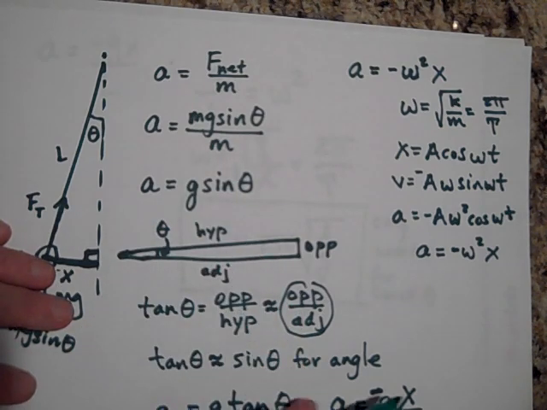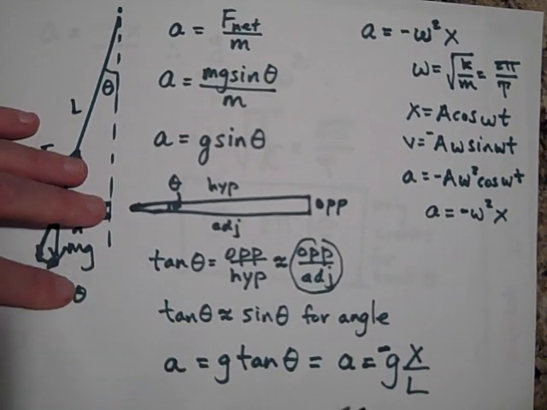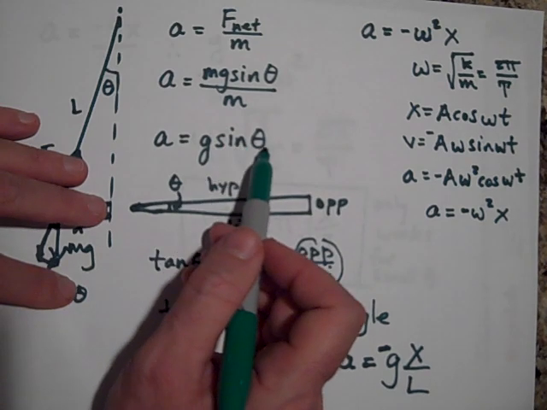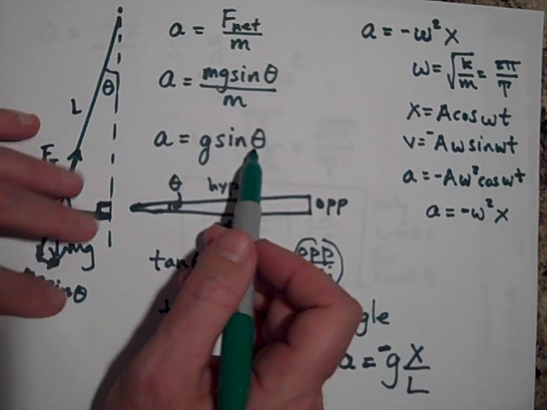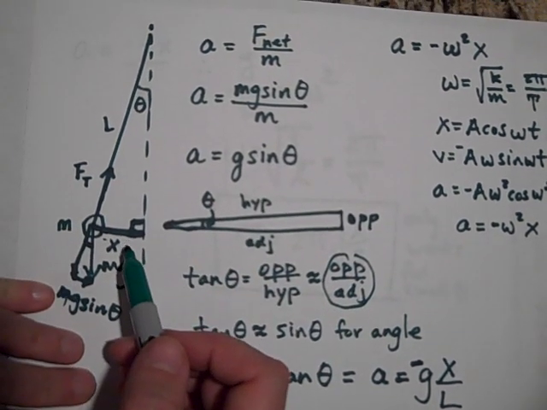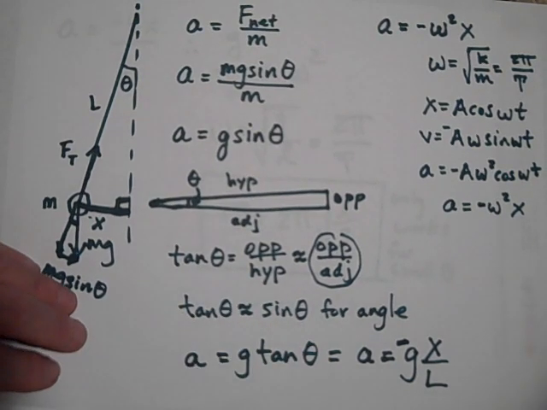And then you have to make that small angle approximation. So you've got to take that sine and turn it into a tangent. And once you turn it into a tangent of theta, then you can say that tangent of theta is x over L, and then you're pretty much home free. All right. Thanks a lot.